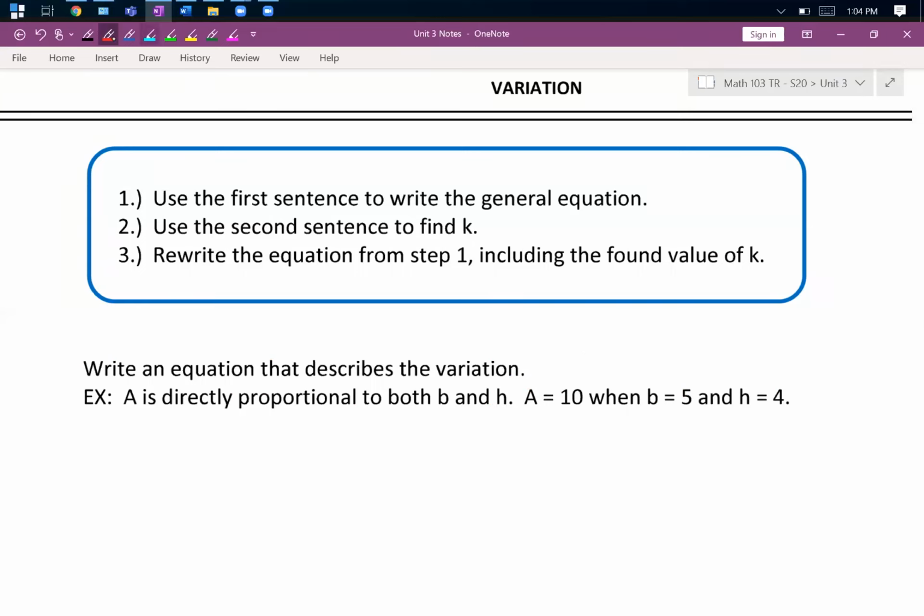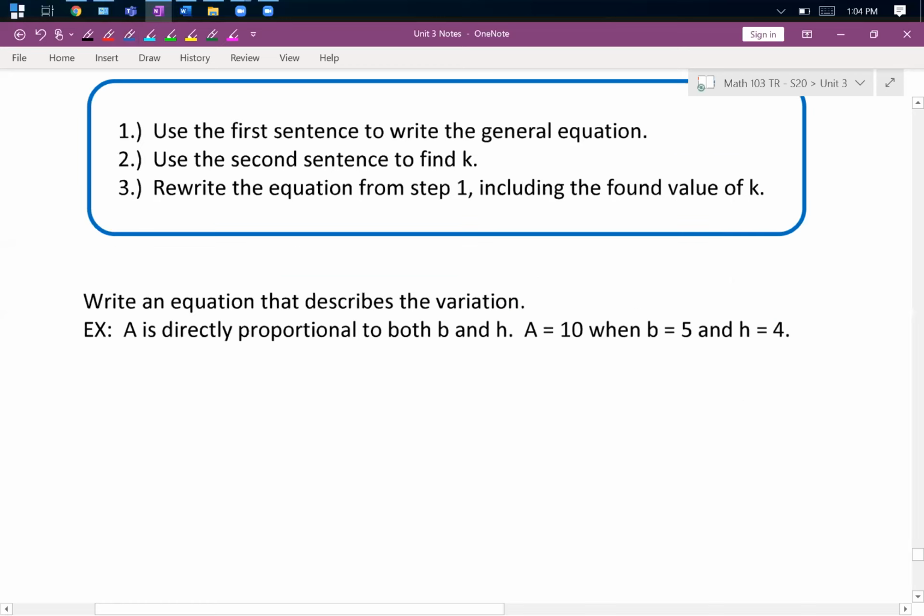All right, but we need to start with the first sentence so that we can get our general equation. A is directly proportional to both B and H. What is our equation going to be?